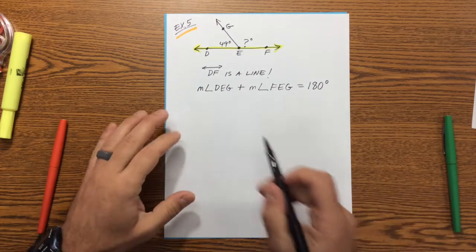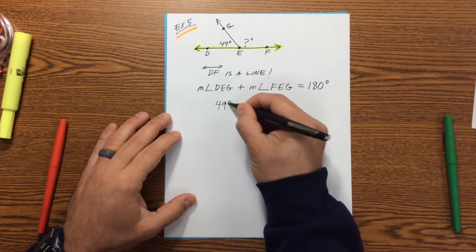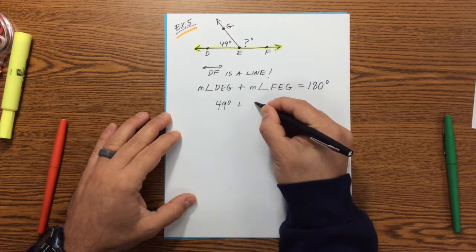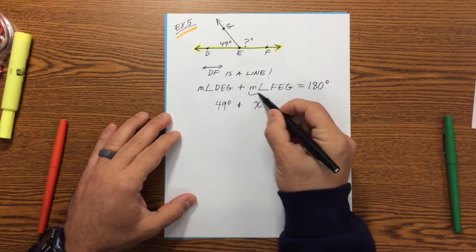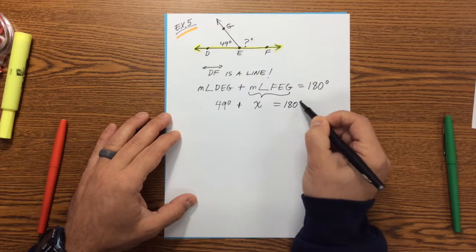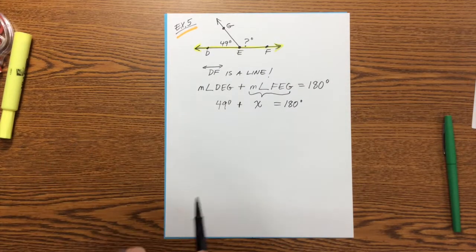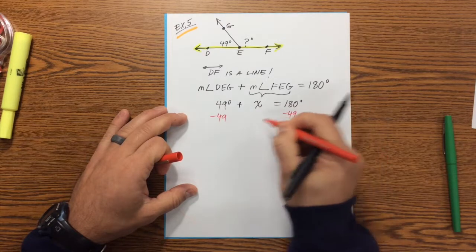Use those rules. So we know that the measure here is 49 degrees plus, and I'm going to make this x because I don't know, that's the variable I'm going to use, equals 180 degrees. All right, to solve for x, I'm going to subtract 49 from both sides of the equation.